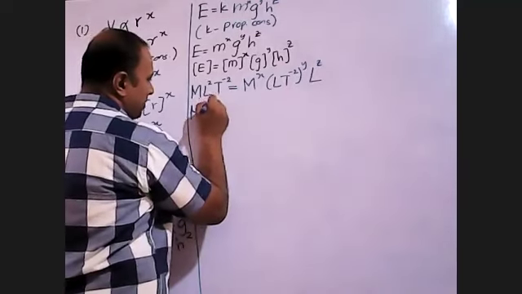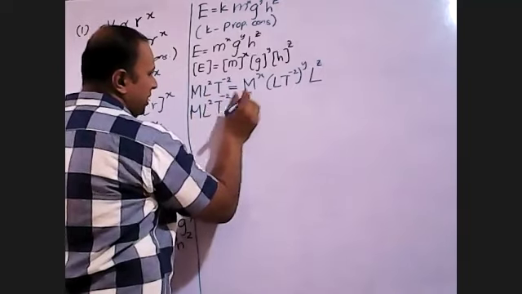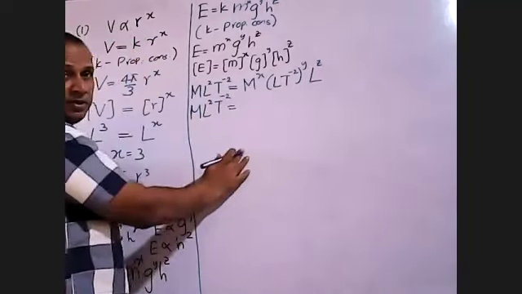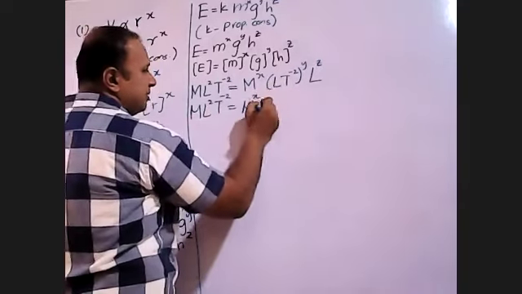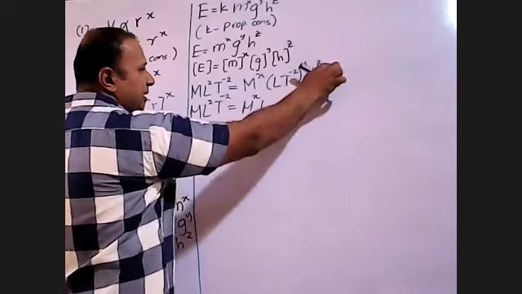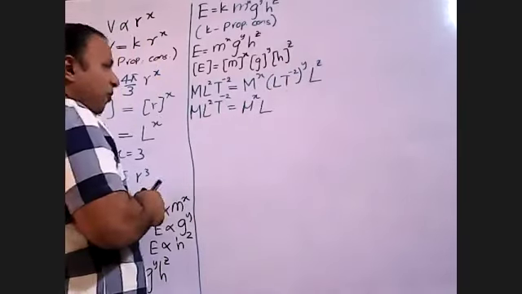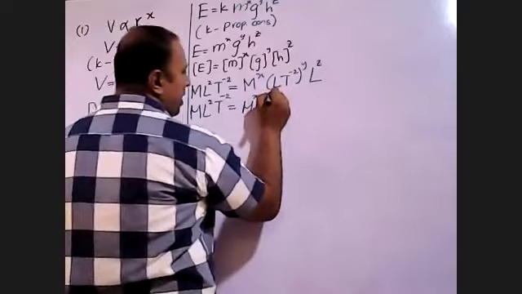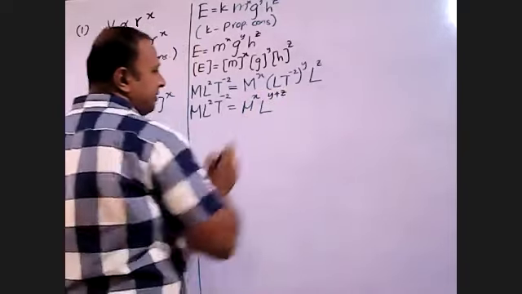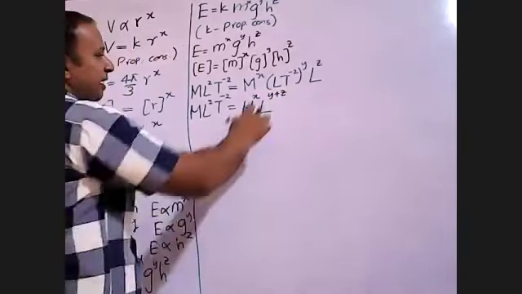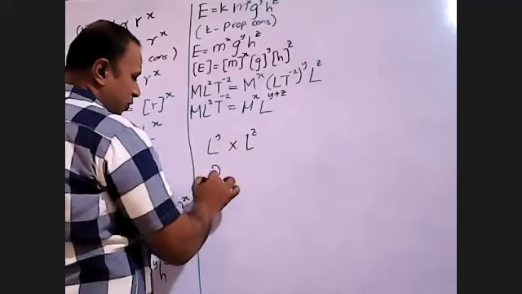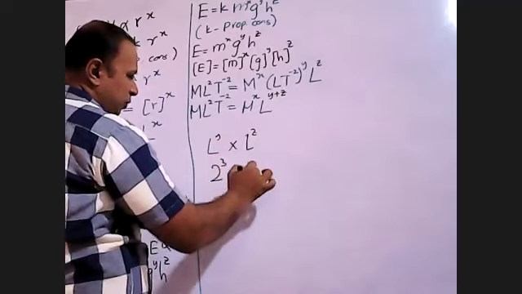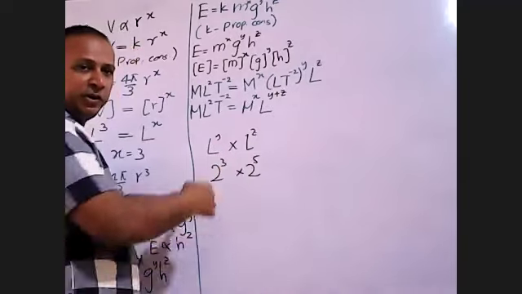M L square T minus 2 here. There are no other M's, therefore M to the power x here. There are two L's, one with y and the second with z. Therefore, the total is y plus z. L to the power y should be multiplied by L to the power z. Like 2 to the power 3 multiplied by 2 to the power 5: there are 3 2's and 5 2's, altogether 8 2's, so 2 to the power 8.